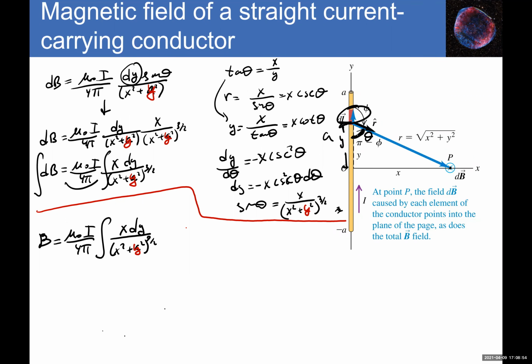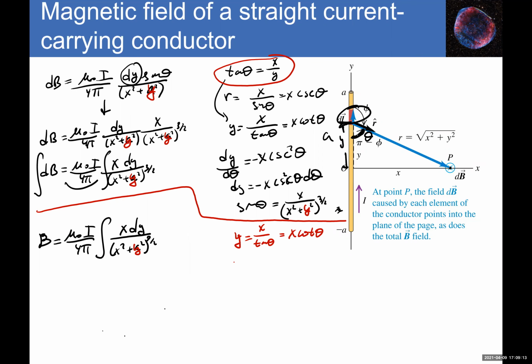I think I have it everywhere. So saying Y is equal to, from here we can see tangent of theta is X over Y. So Y is then X over tangent of theta, or X times cotangent of theta.